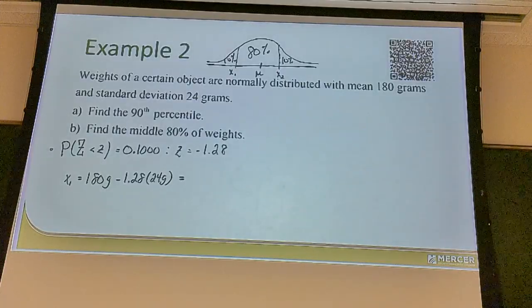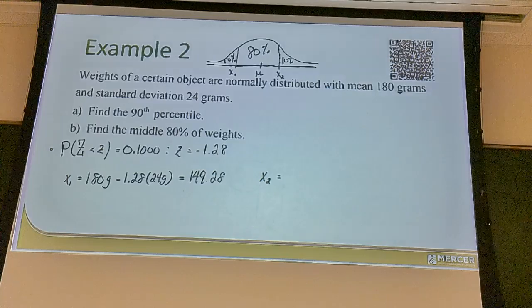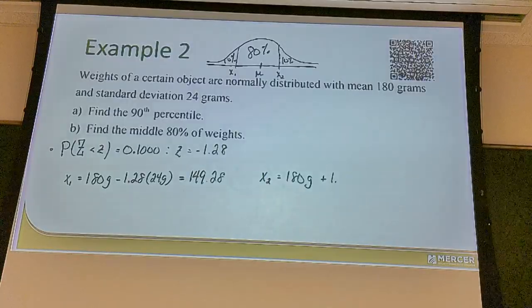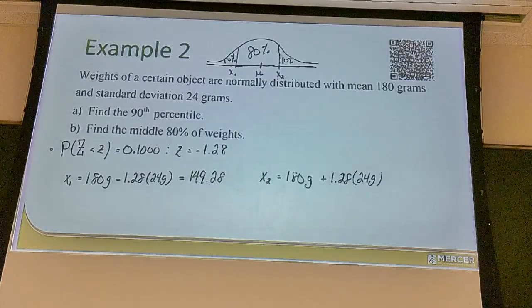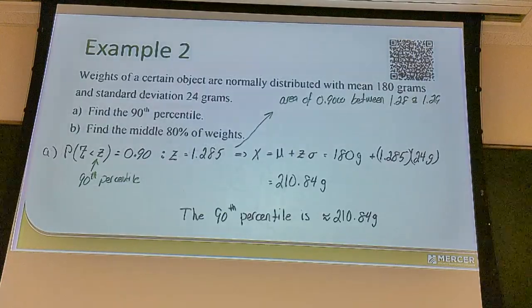Got 149.28. The upper limit for that middle 80%: same thing except it's plus instead of minus. That should give us around 210.84.